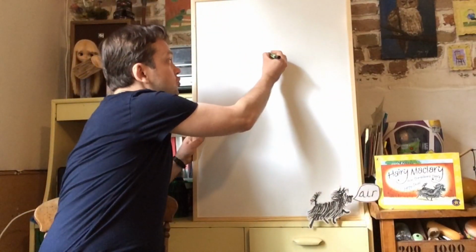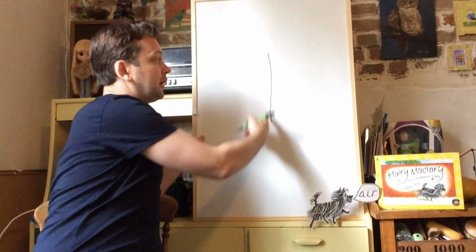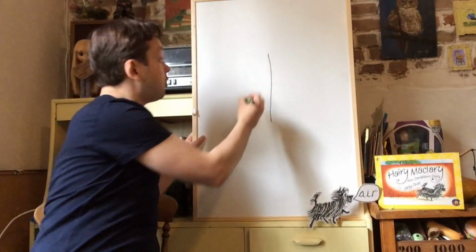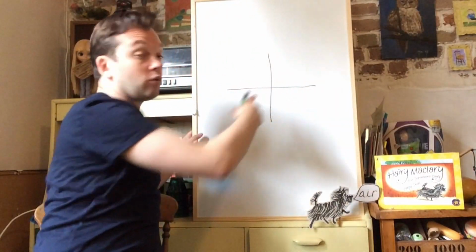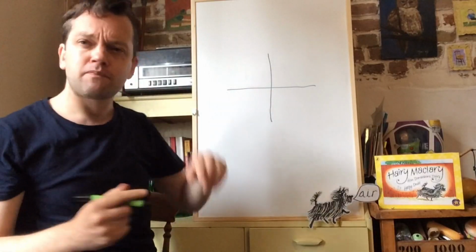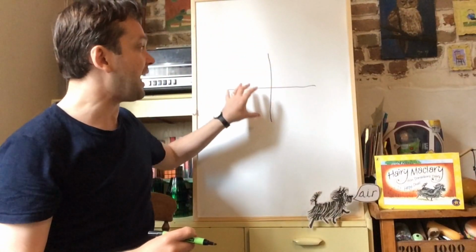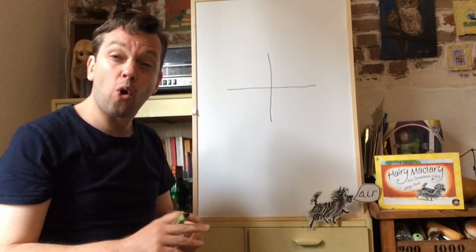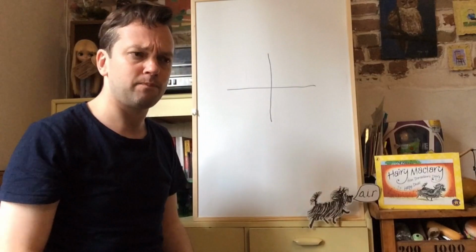So today, just draw one line on your piece of paper, going vertically, that's up and down, and one line horizontally going across. Now the first sound I'd like you to write, and you can pick any box, is the oi sound. Oi.